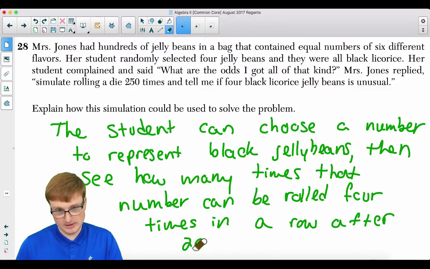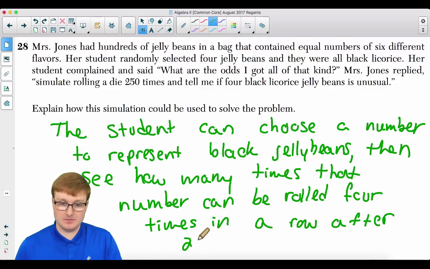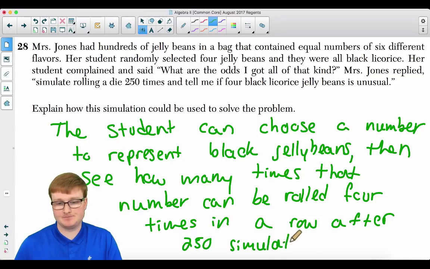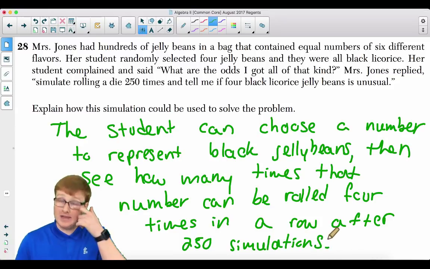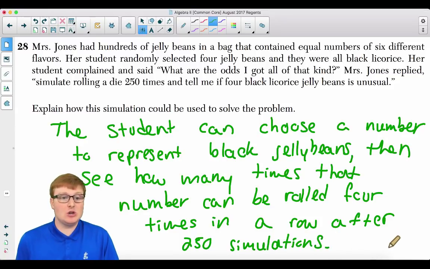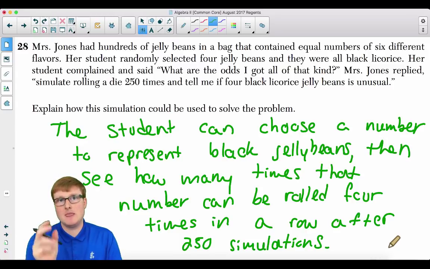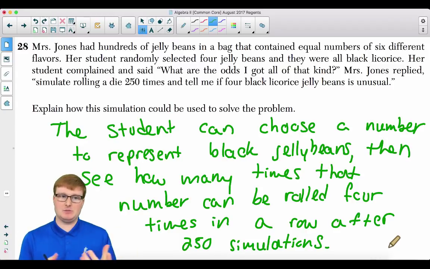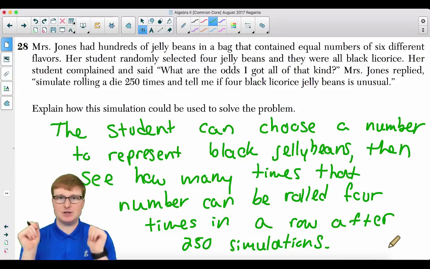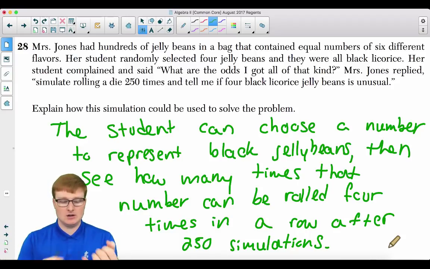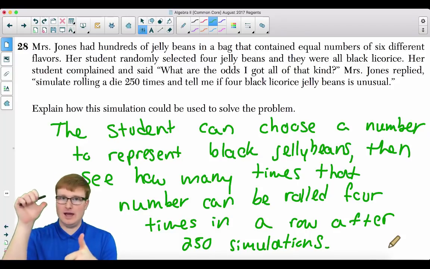If I could write the number 250. So what's really going on here? So they're basically saying, and I don't know why they're saying it, but Mrs. Jones is saying, all right, take a rolling cube, pick any number to represent black licorice, because in the bag there are 6 different color jelly beans. So let's just say red, orange, yellow, green, blue, and black.